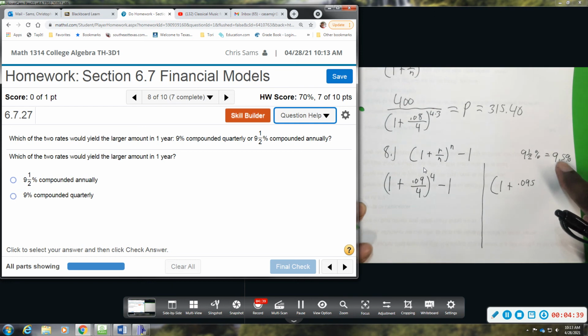Then you move it over twice, and we get this. And then it will be divided by 1, raised to the 1st power, minus 1. So it's just 1.095 minus 1. So we'll compute both of these and see which one gives us the better effective interest rate.